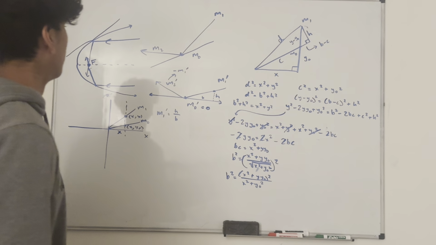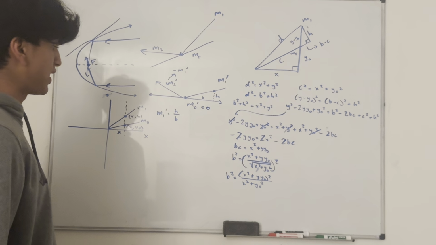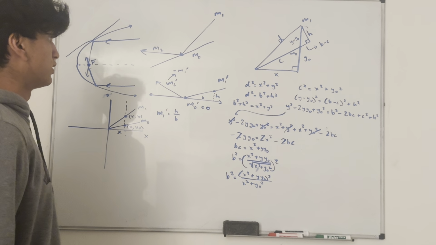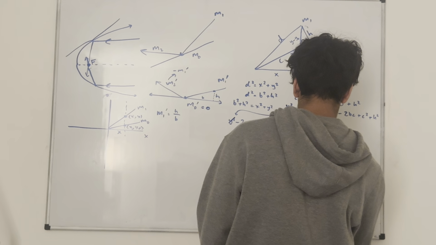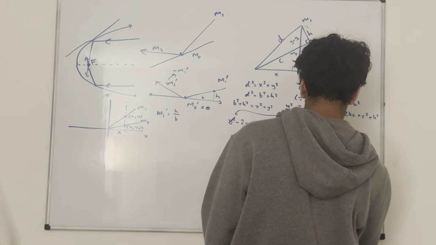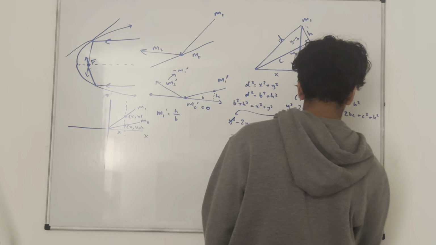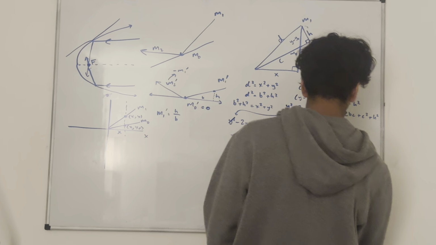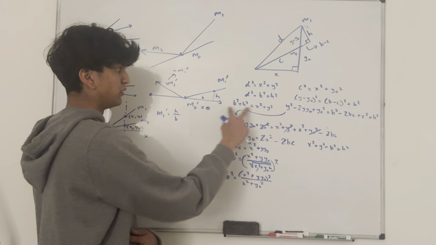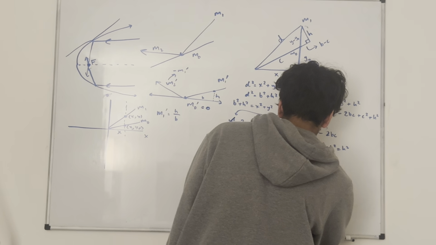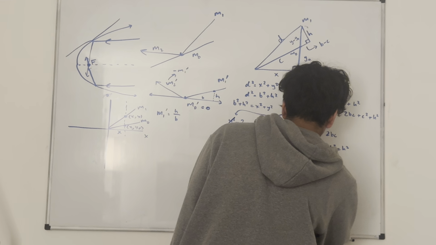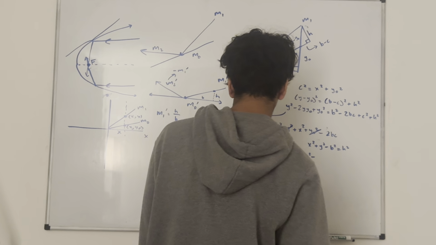So, let's do that. Let's use this relation right here. I can say x squared plus y squared minus b squared equals h squared. Hopefully you can see how I can set them equal to each other. X squared plus y squared minus b squared.